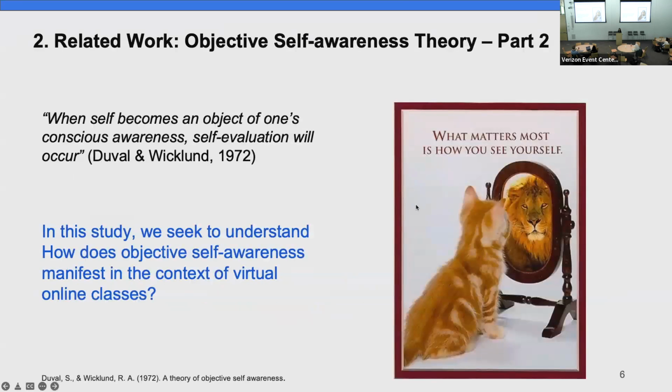The second part of the related work is about the theory that we used in our study. It's objective self-awareness theory. This theory refers to the idea that when oneself becomes an object of their conscious awareness, they start to self-evaluate.